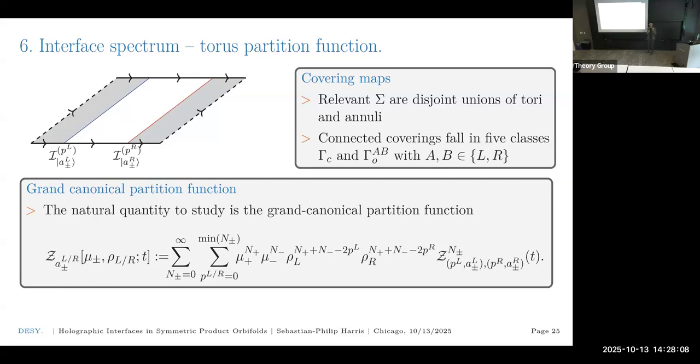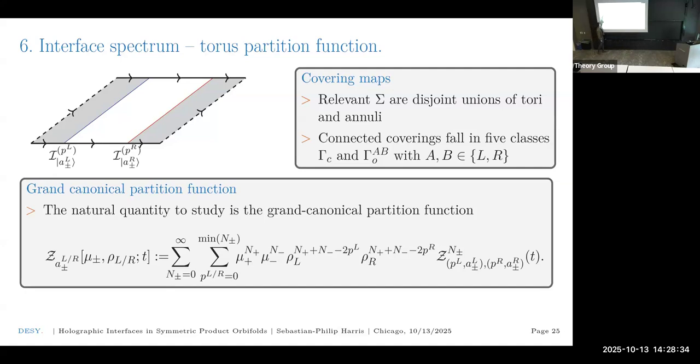For these annuli, you need to specify where the two boundaries that they have are mapped to. You could either have both boundaries of the covering annuli ending up on the left interface, or both of them ending up on the right interface, or one on the left and one on the right, and so on. And this leads to 4 different sectors of these covering spaces.